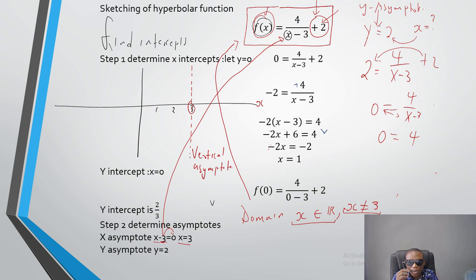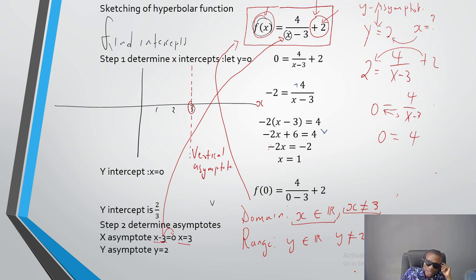That is the domain. Do you still remember the definition of a domain? A domain is the values of x whereby the function is defined. So this hyperbola function here is not defined when x is 3. So x being 3 cannot be part of the domain. That is why we say the domain, x can be any real number, but x should not be 3. So if they ask you the range of this hyperbola function, you say y is an element of real numbers. y can be any real number, but y should not be 2.